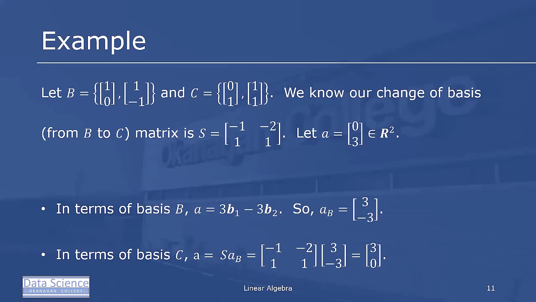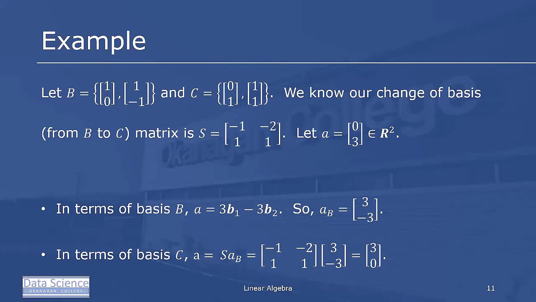Now, if we want to put A in terms of basis B, A is going to end up being 3 times basis vector B1 minus 3 times basis vector B2. So vector A in terms of basis B is (3, -3).